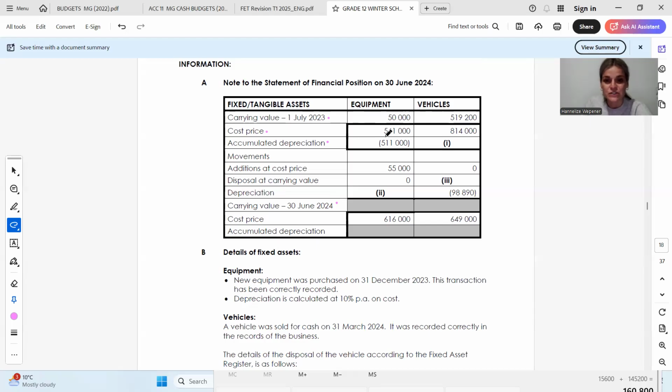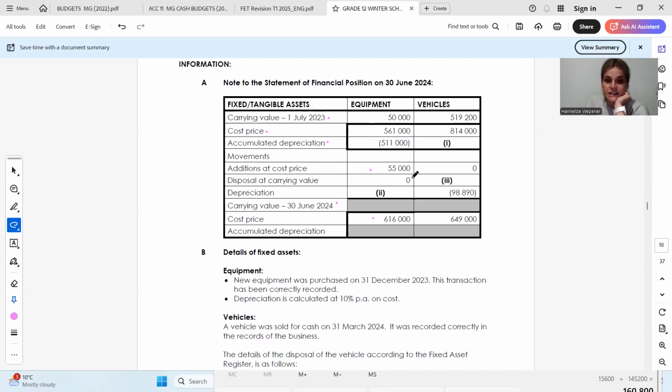Okay. So we have here the cost of our equipment on the first day and the accumulated depreciation. So the difference being our carrying value on day one. Then it says that we also had additions at cost. And then if we take our costs plus our additions, it gets us to our costs at year end.